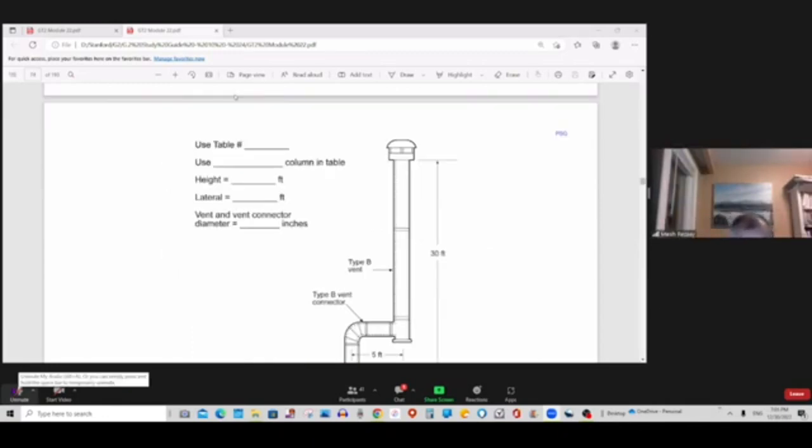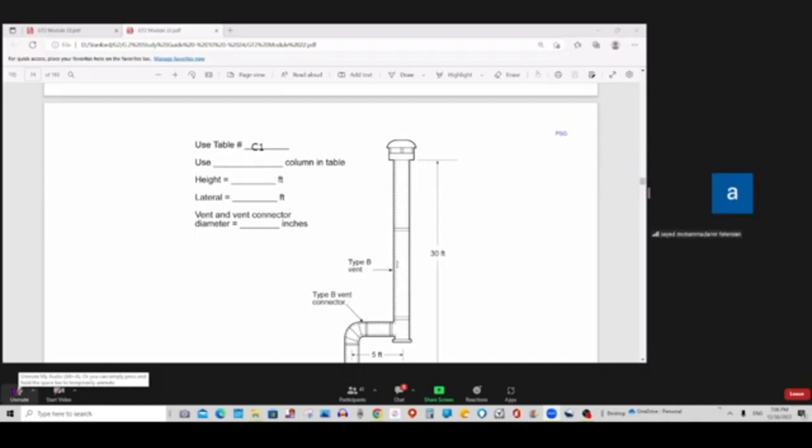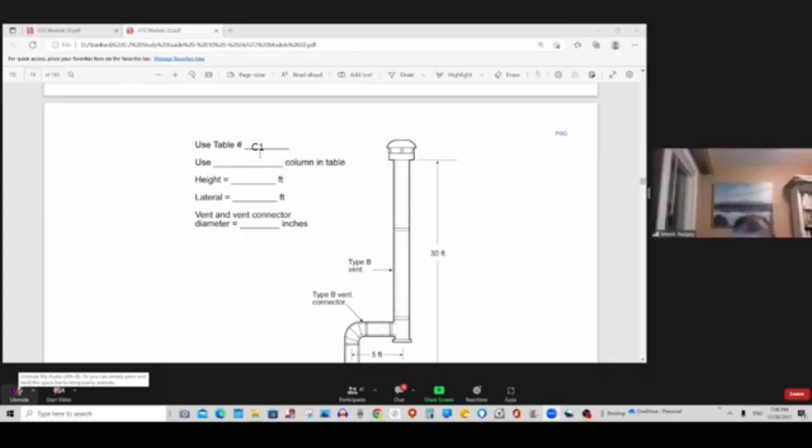This one said, tell me which table it is first, Mr. Sayed. Yes. It is 1 appliance, B vent, B connector. Yes, sir. Single appliance, B vent, B connector, table C1, right? I gave you that table. I said, would you please print it?